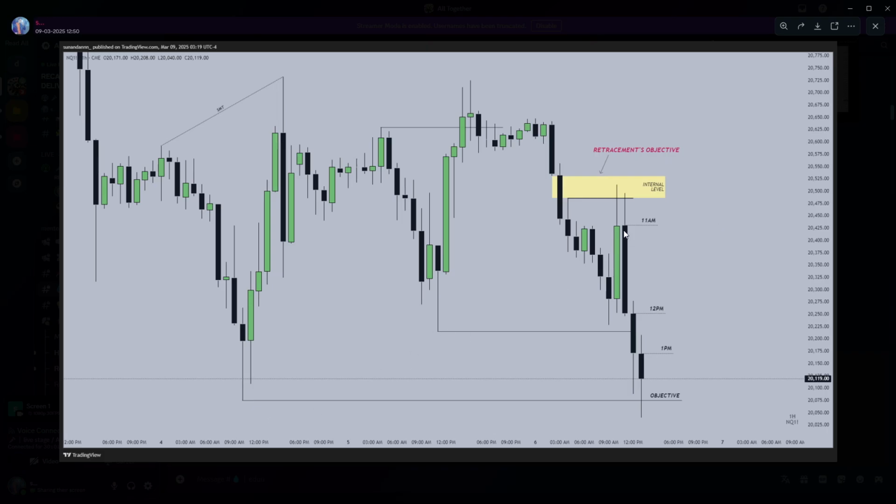Higher time frame candles expanding towards the objective. This is my model: catching OHLC of this candle, OHLC of this, OHLC of this, using low time frame MMXM. Framing the resultant expansion from the other phase. The other phase was retracement here. So framing retracement to expansion, after retracement ends, framing the following expansion.